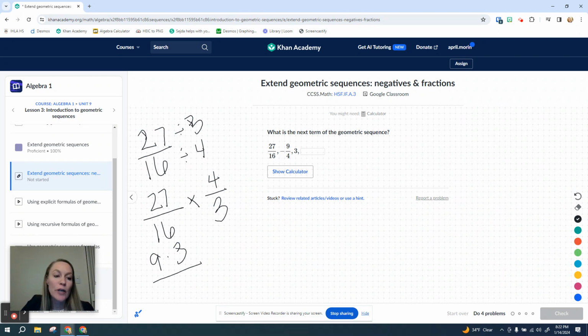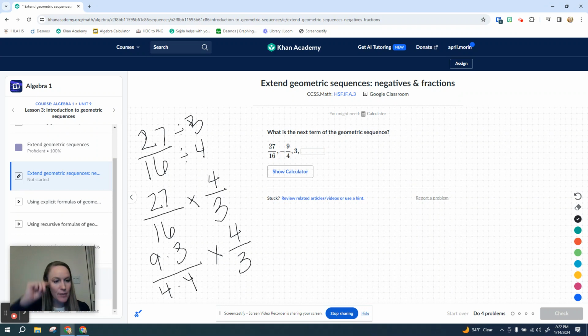And 16 can be rewritten as 4 times 4. Remember in math, we can take any number and rewrite it as anything else as long as they are both equivalent.